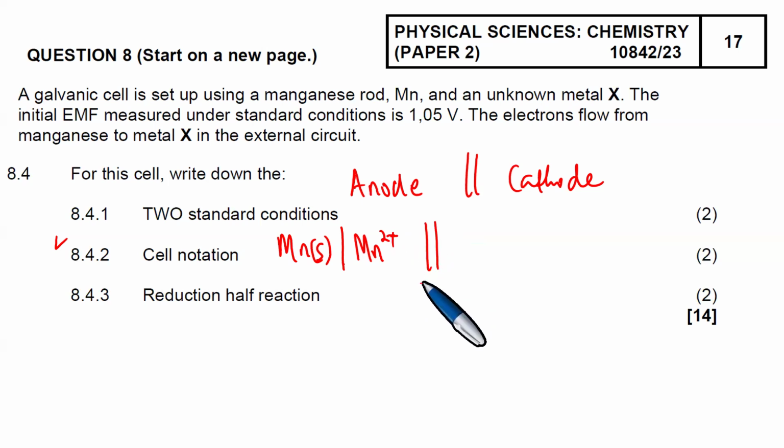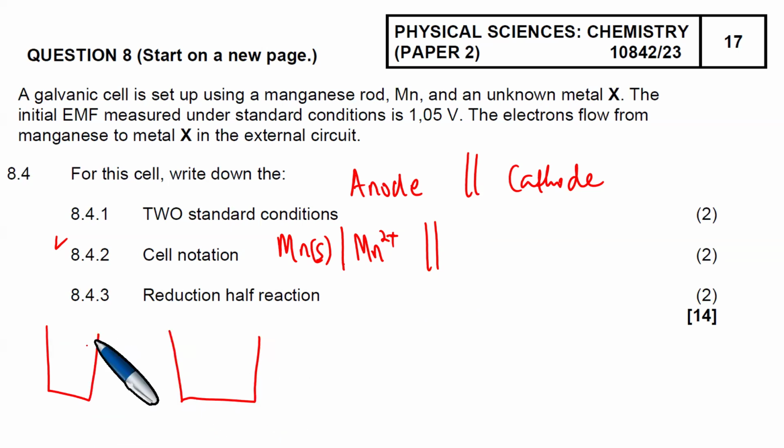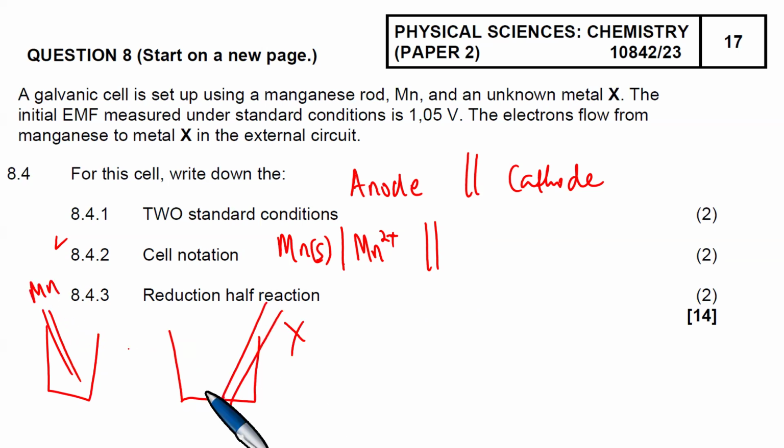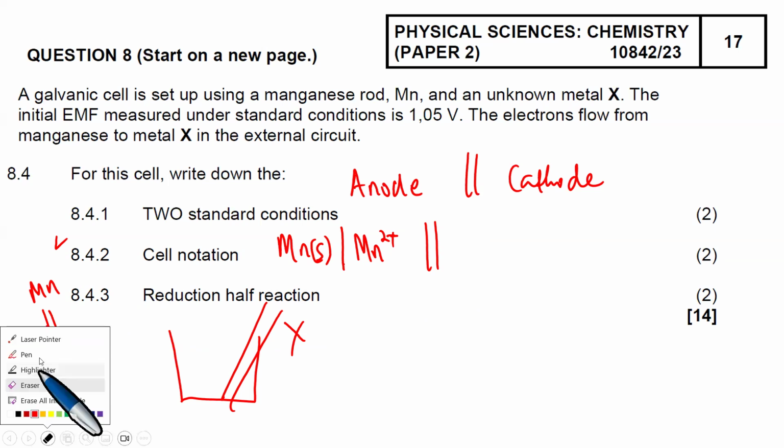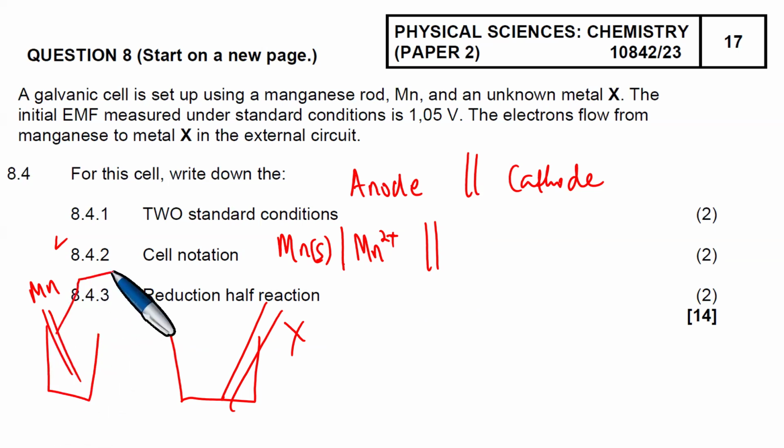And then you put the salt bridge. Ordinarily, you put the manganese here and then you put the metal X here. And then you put your salt bridge overhead.